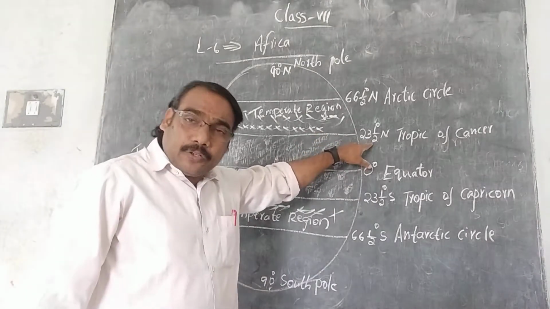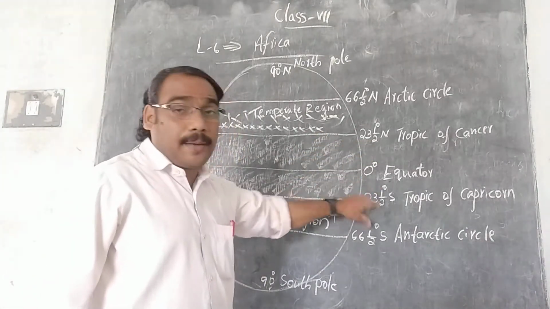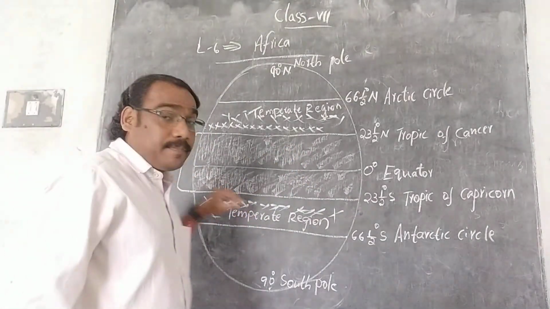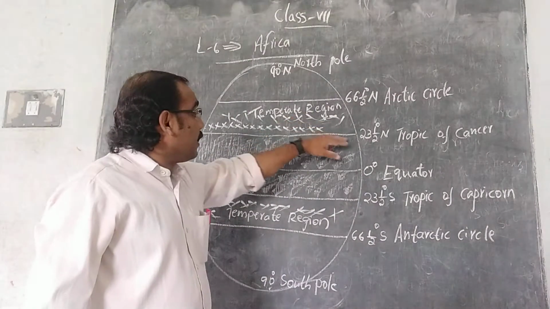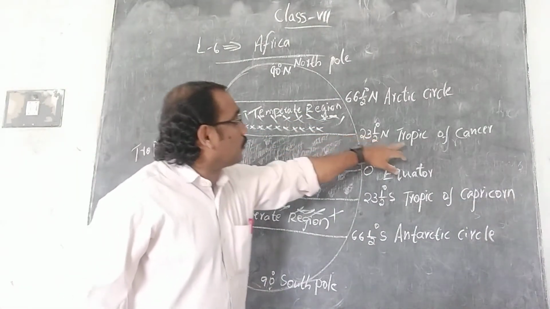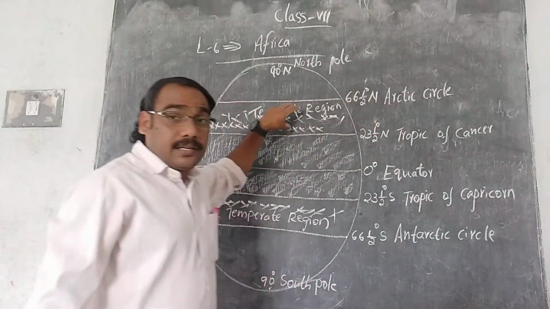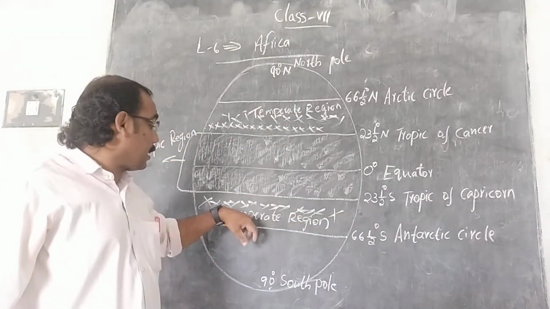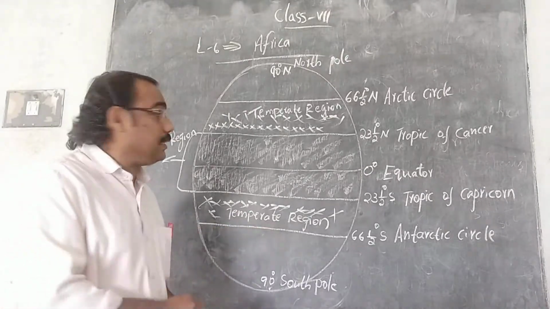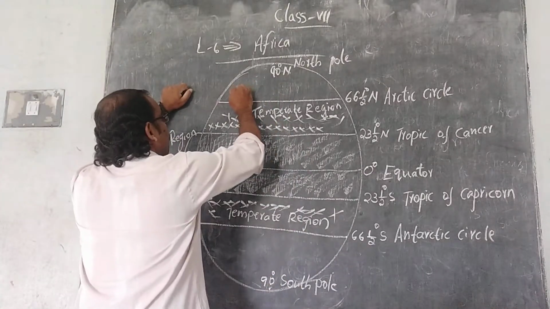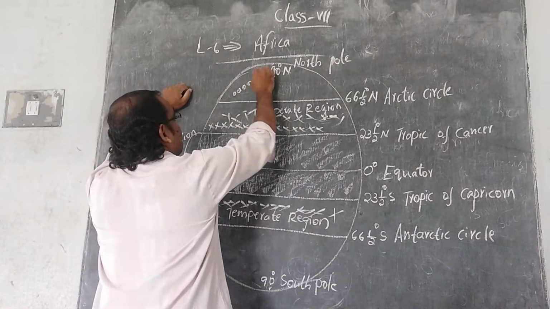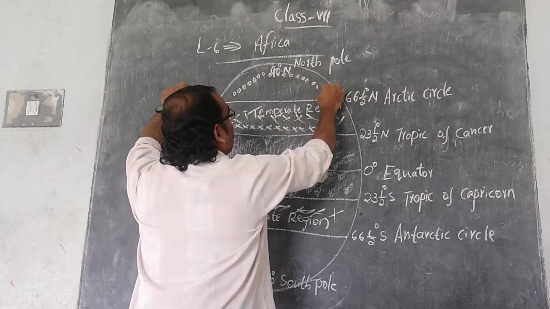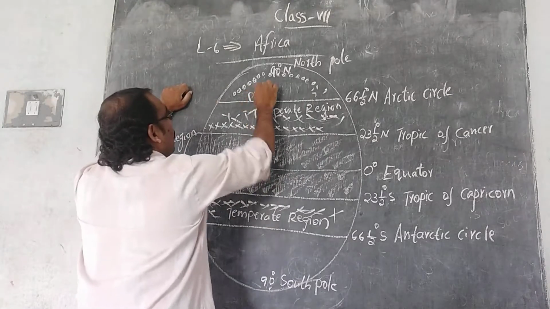The region between Tropic of Cancer and Tropic of Capricorn is known as Tropic region. Again, the region from 23.5 degree north, Tropic of Cancer, to Arctic Circle, that is temperate. Same way, Tropic of Capricorn to Antarctic Circle is also temperate region. Now this one is polar region.